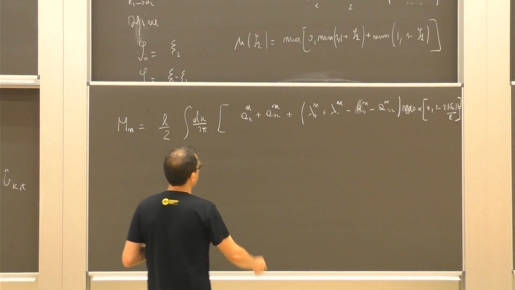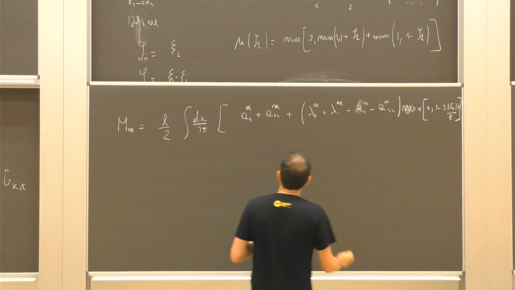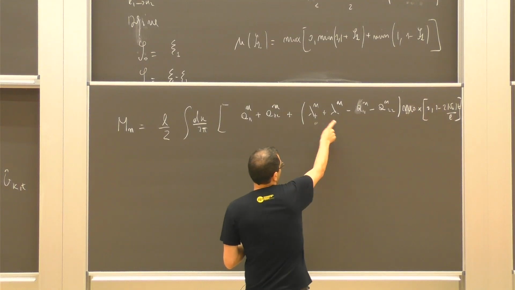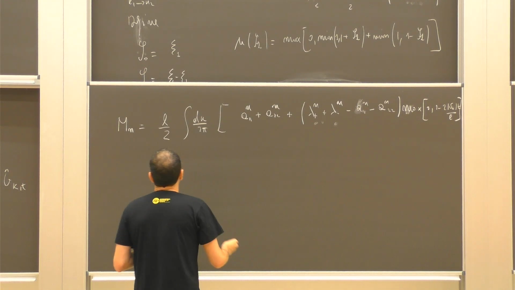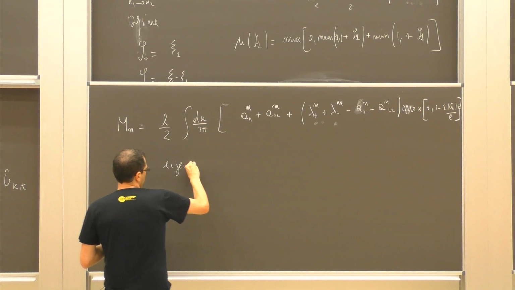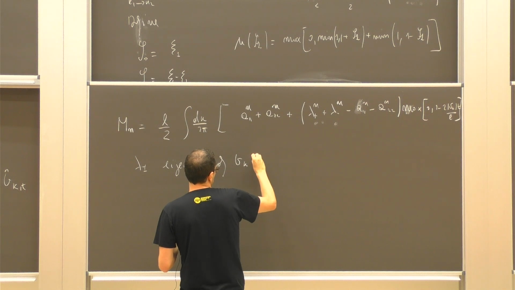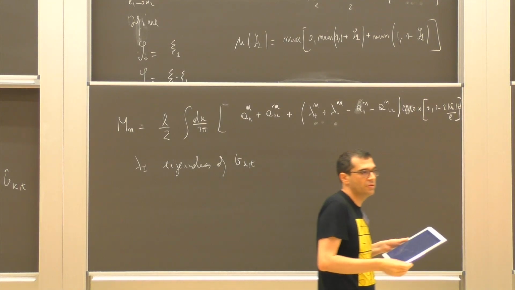A11 is the entry 1 of the Fourier transform. Lambda plus and lambda minus are the eigenvalues of gk(t). So it's the 2 by 2 matrix, and you take the eigenvalues.